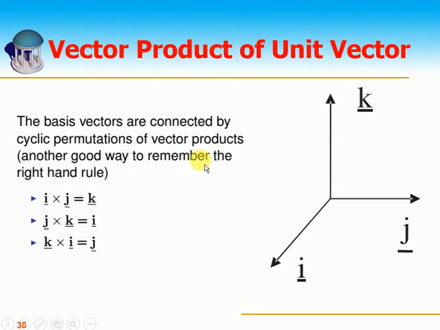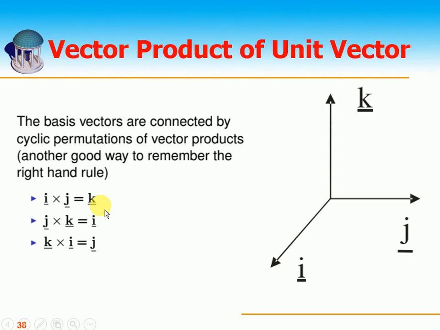If I show you the Cartesian coordinate system for the vector product, we have x, y and z. We mostly show the unit vector along x as i, along y as j, and along z as k.